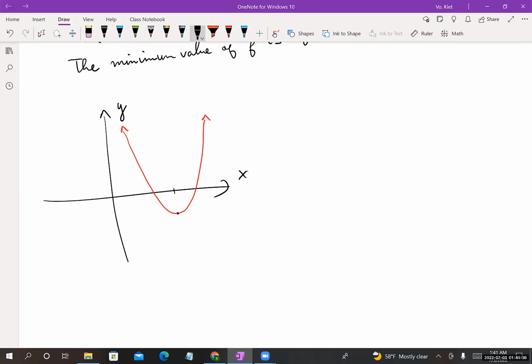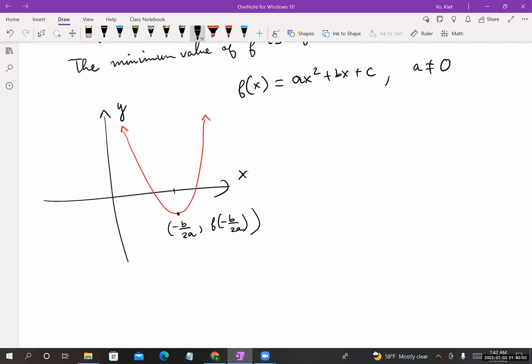at this point here, where the vertex is, this is going to be negative b over 2a, comma f of negative b over 2a. So assume that my function looks like this: f of x equal to ax squared plus bx plus c, and we don't want a to be 0.